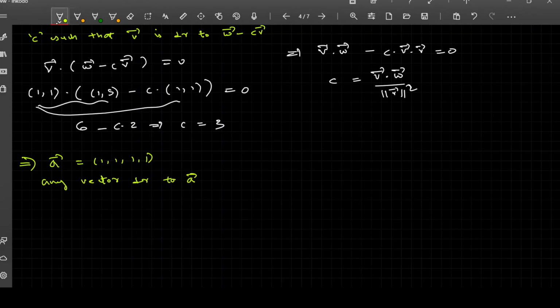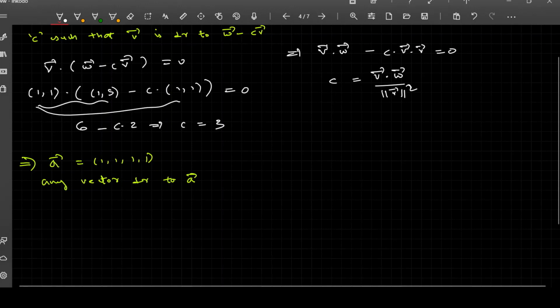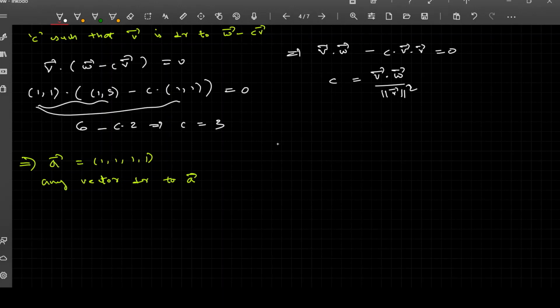So as already discussed in one of the previous questions, I cannot draw the A vector, to be honest. It's too difficult for me. Any vector perpendicular to A vector, there are an infinite number of vectors. Fine. So we must actually take some cases. So if we assume U vector, V vector and W vector, 3 vectors that are perpendicular to 1 comma 1 comma 1.